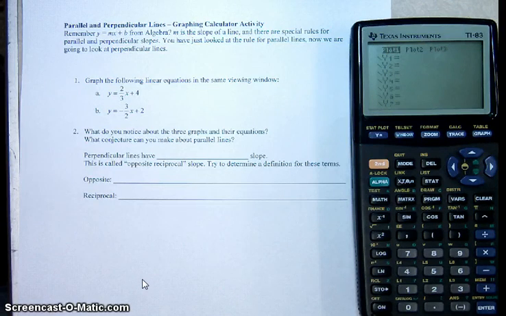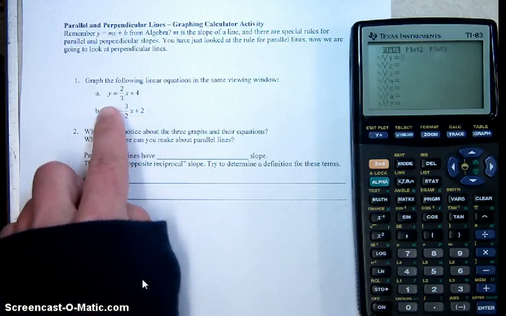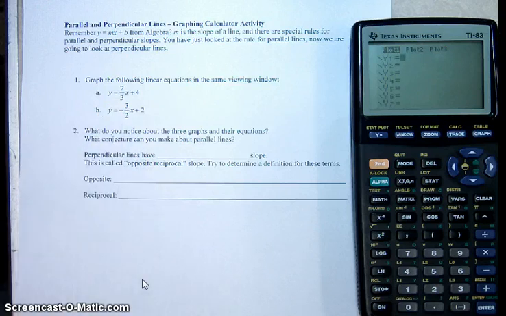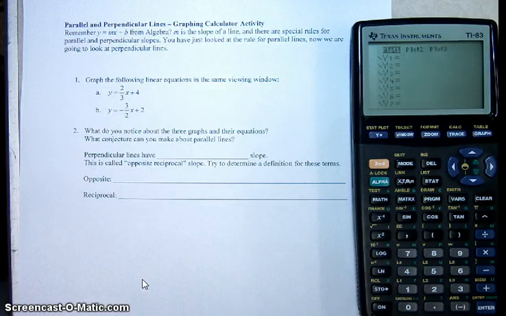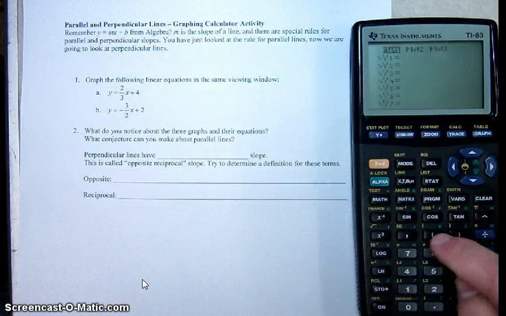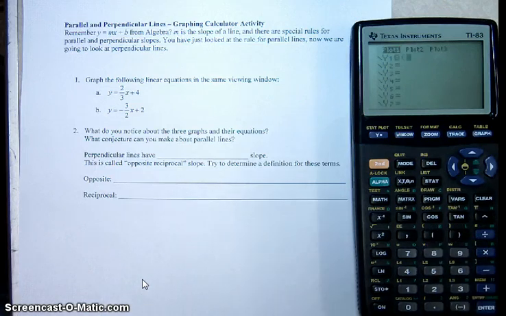And now what I wanted you to do is type in this first equation here in part A: y equals 2/3 x plus 4. I do not have to type in the y equals. That's already set for you. So I'm going to start out, because it's a fraction, by putting that in parentheses. So you're going to use your parentheses right here and go 2. And for our fraction, we can just use our division symbol.